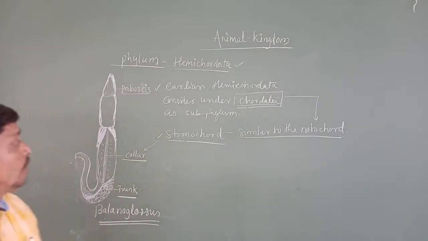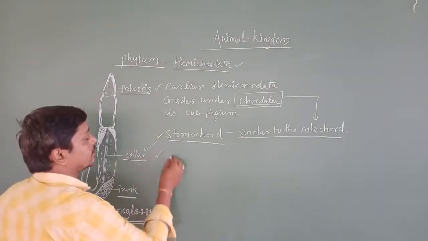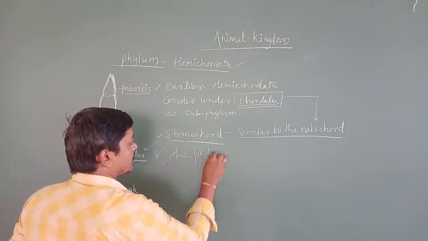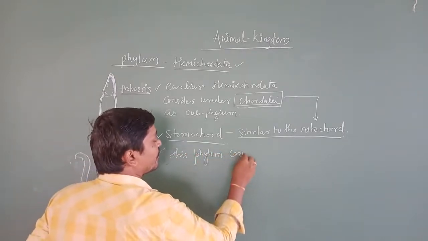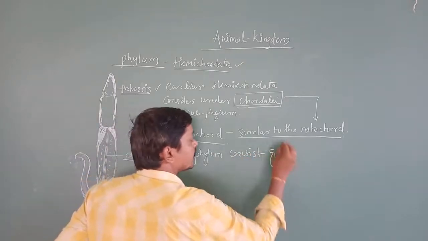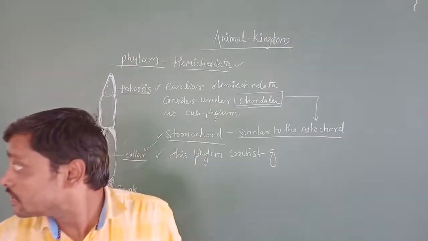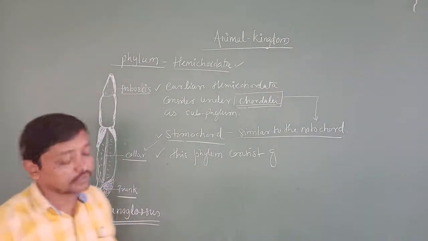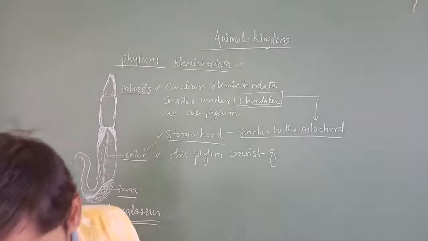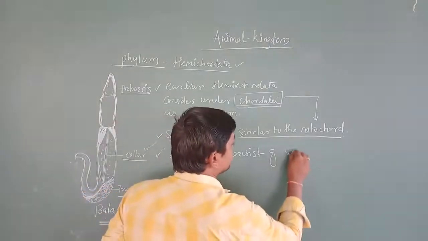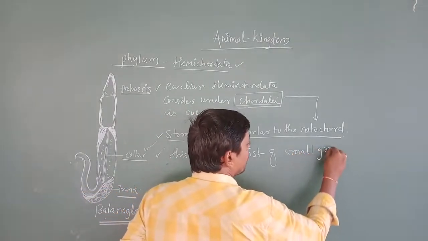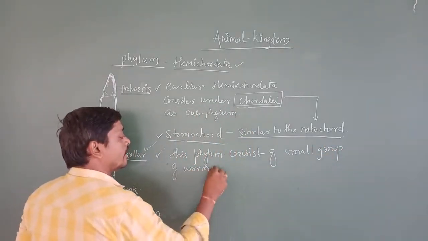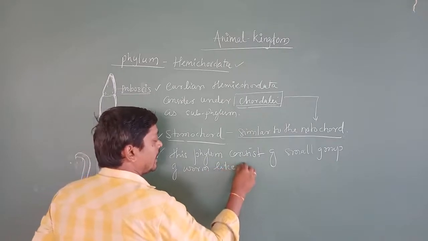Next, what are we going to write in the general characters? This phylum consists of a small group of worm-like animals.